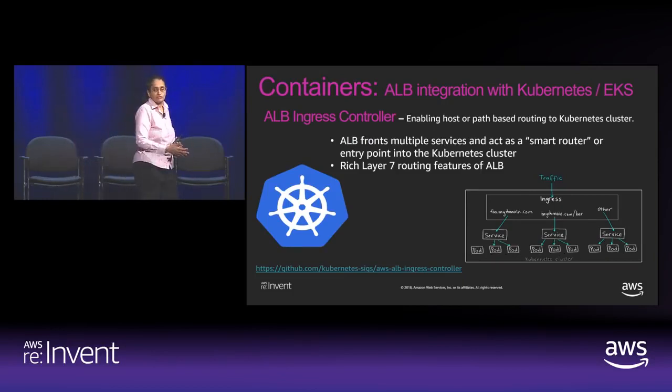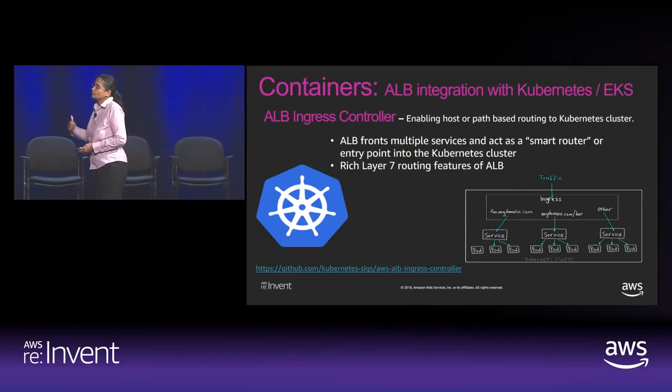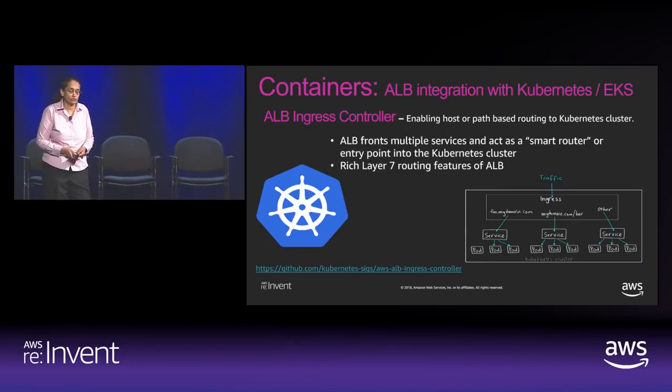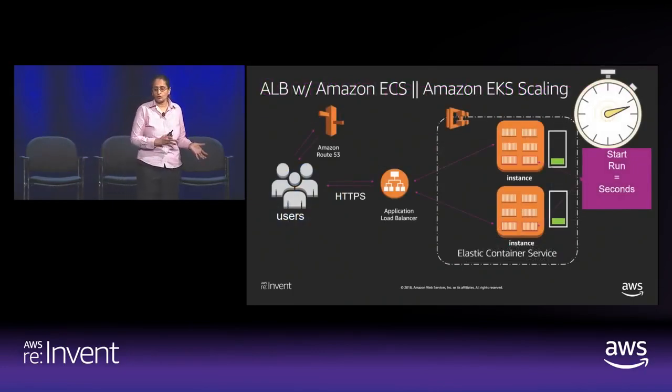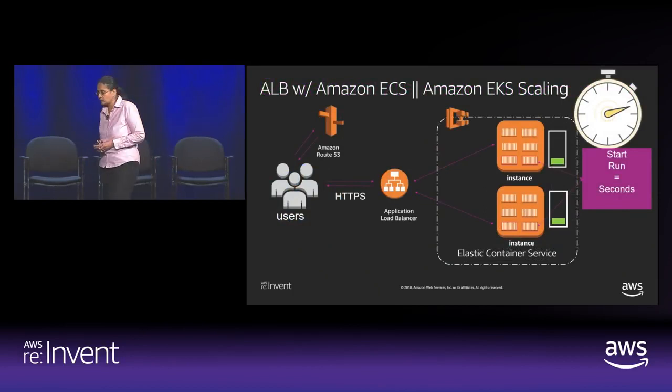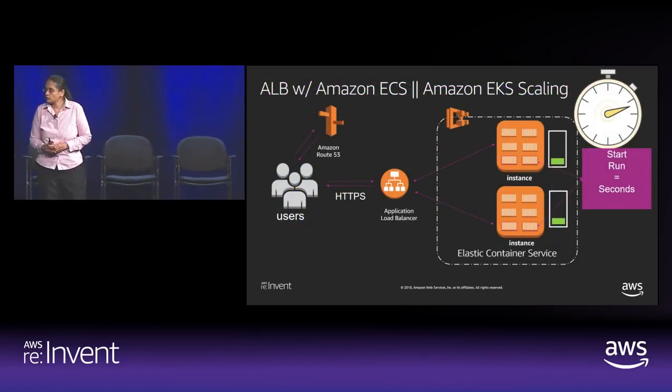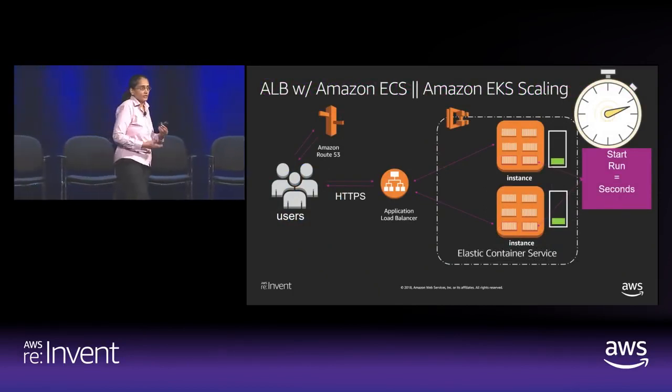We've published the first one onto GitHub, and we'll continue to iterate and push a lot more features into the ingress controller functionality. Again, auto-scaling works really well with container technology also. With containers, the scaling happens much faster, not in minutes, but within seconds.